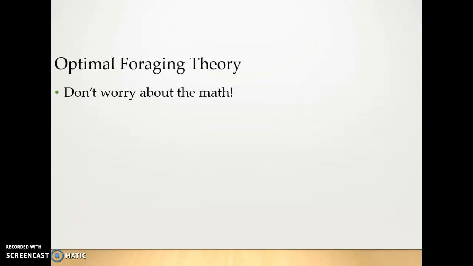So what optimal foraging theory suggests, it has some theorems. It has some givens that go along with it, things that are understood to be true. The first is that an individual that is foraging can only go for one food at a time. That an individual is not going to be able to necessarily grab food with all four paws, or they're going to go for one thing at a time.